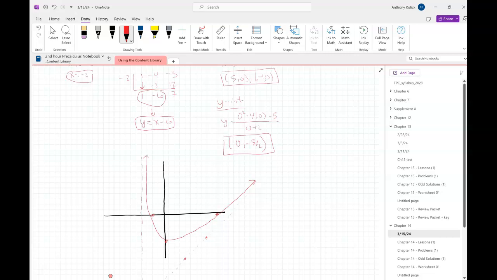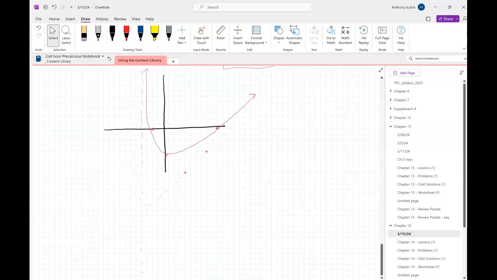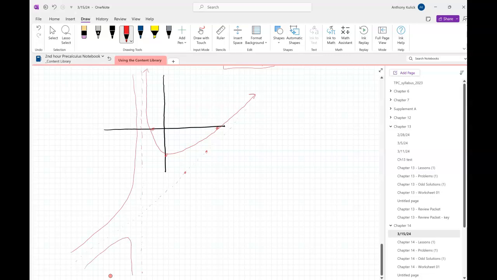Because I can't cross the asymptotes, and the only way to connect those 3 points is by doing that. So the other part of my graph is either going to look like this, or it's going to look like that. Everybody okay there?